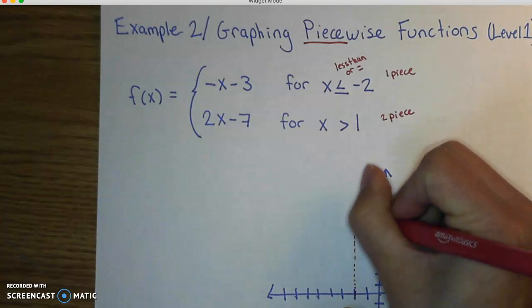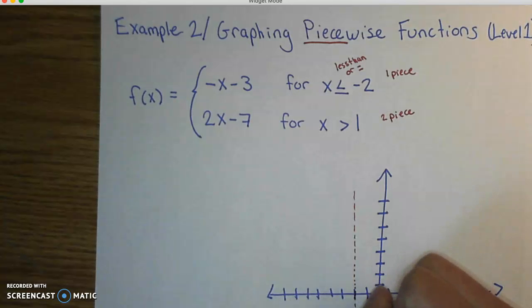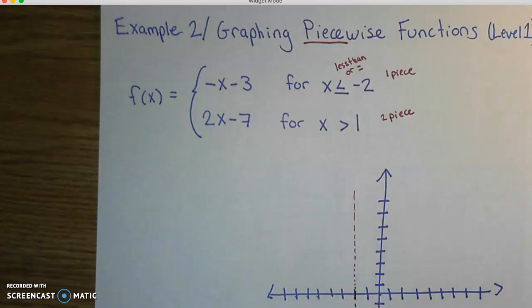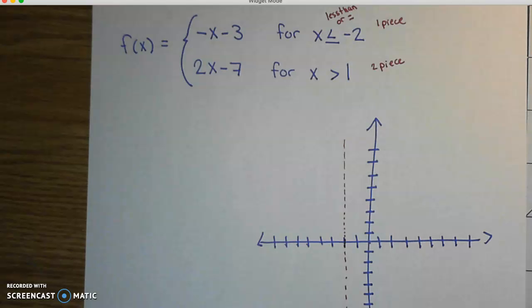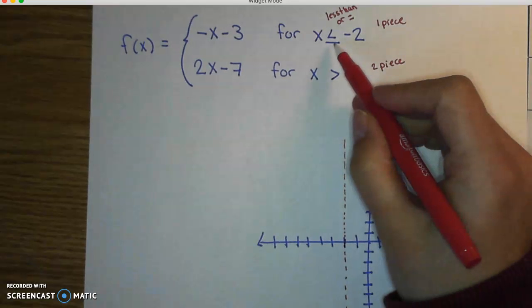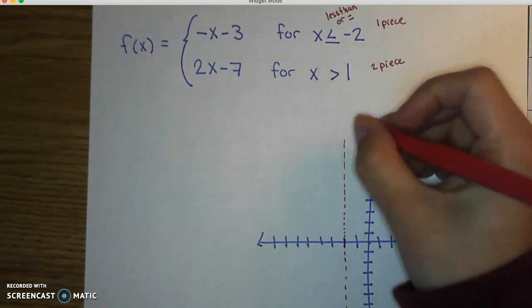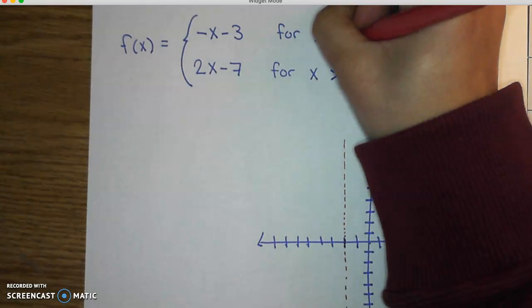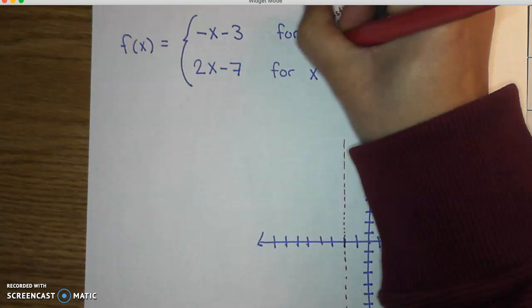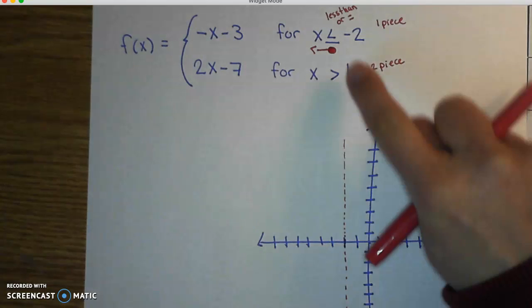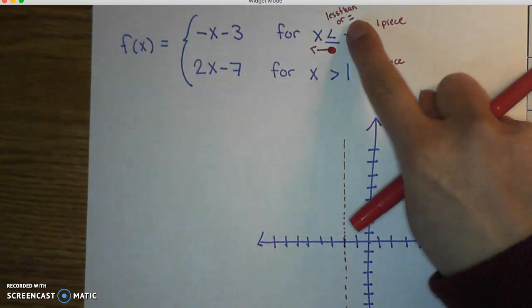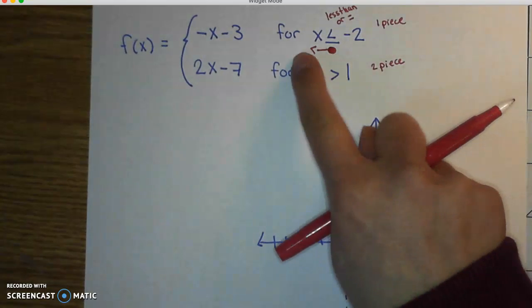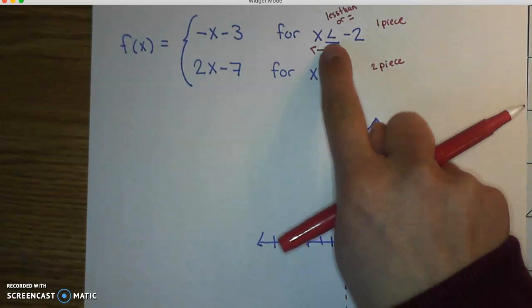And I'm going to draw a dashed line, this is an important part. And if it's less than or equal to negative 2, then that means it's going to be a closed circle going to the left. Closed because it's equal, and going to the left because it's less than.